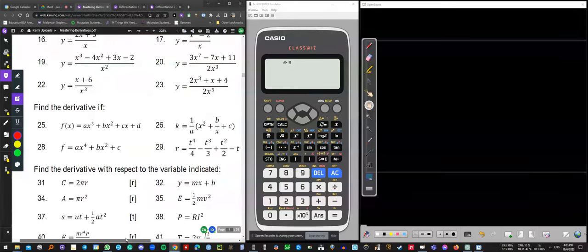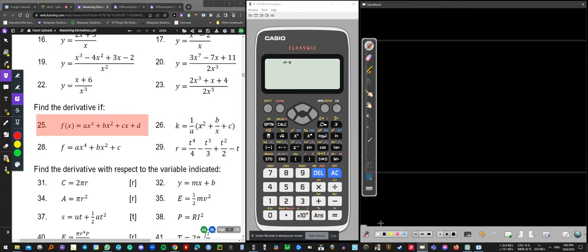Okay, so kalau dia minta soalan macam ni lah, contoh number 25 tu. This is what I'm focusing on. What is your answer in your mind? Can you tell me? This one tak payah apa pun. Just tell me your answer je. Okay, good.